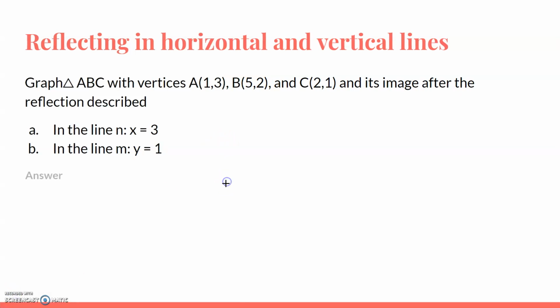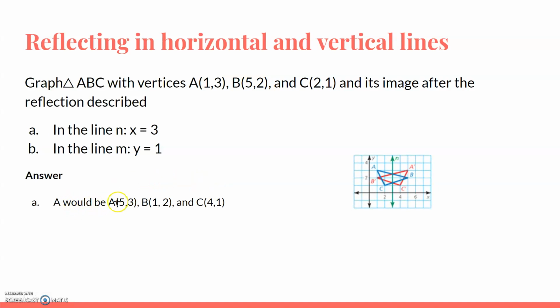Alright, so now that you're back, the answer for line N would be A' (5, 3), B' (1, 2), and C' (4, 1). As you can see here, the blue figure is the original figure, and the red is the new figure. Point A was (1, 3), and line N is the line of reflection.